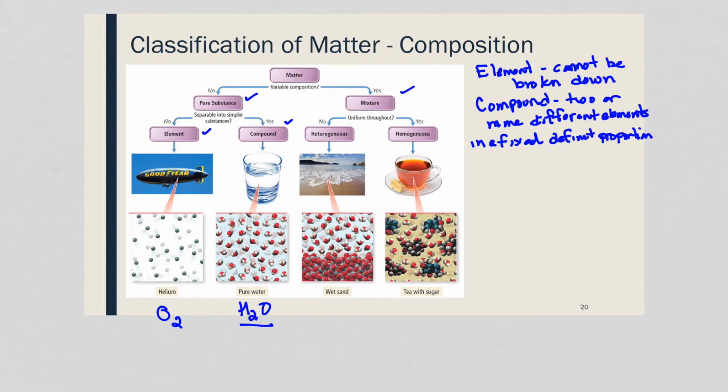So every molecule of the compound water is identical, the same proportion of the atoms. So pure substances: elements, compounds. Now, I should also say that a compound can be broken down into the elements.